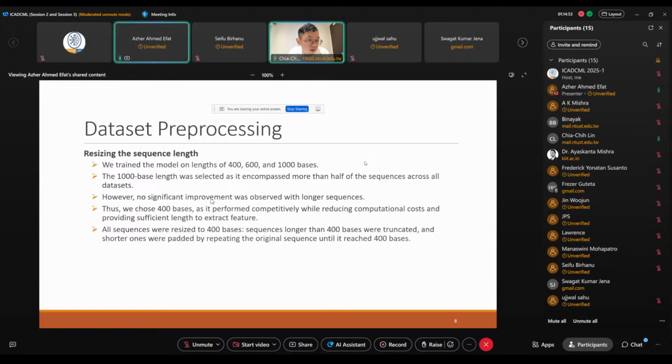So have you investigated the insight of this result? Yeah, we investigated. When we compared 400, 600, and 1000, there was no one specific length that always performed better.